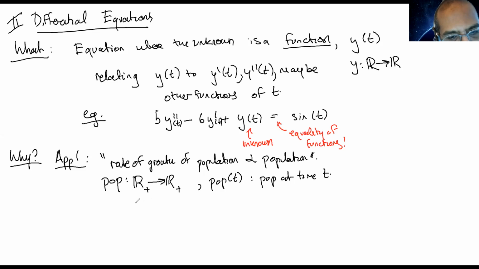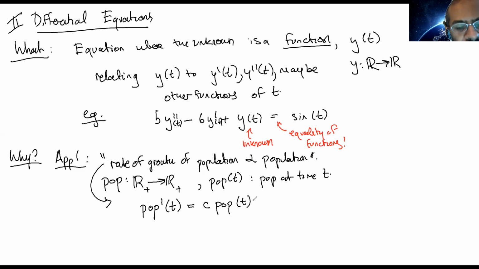And now my equation turns into, if I were to write that in terms of math, well, the rate of growth of the population is the derivative, and that's proportional to the population. So it's some constant times the population, and that is a differential equation, right? So naturally, these kinds of rules lead to differential equations.